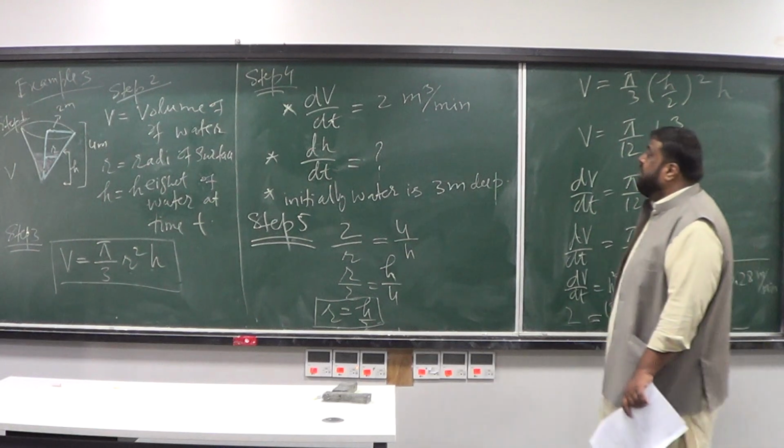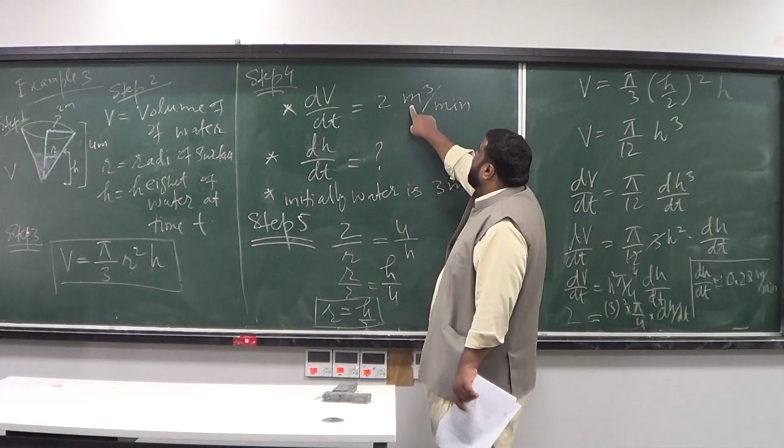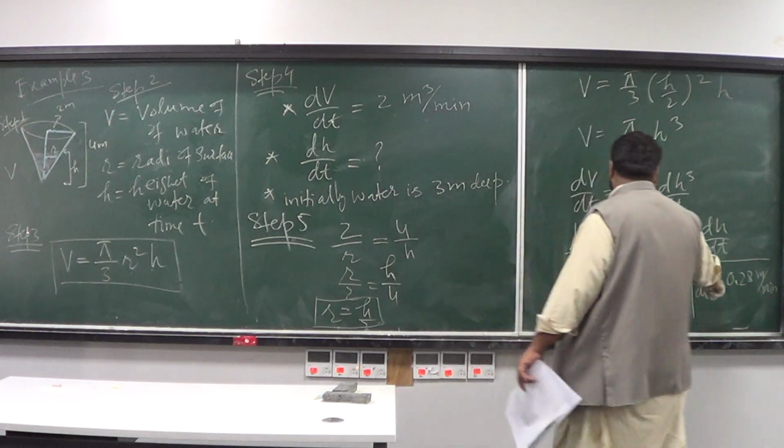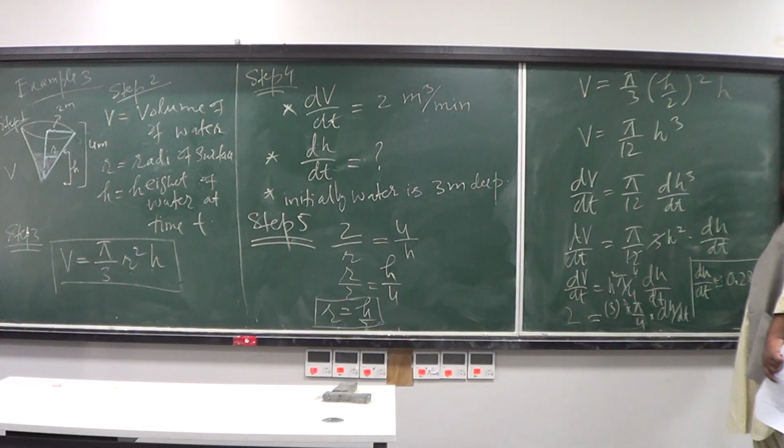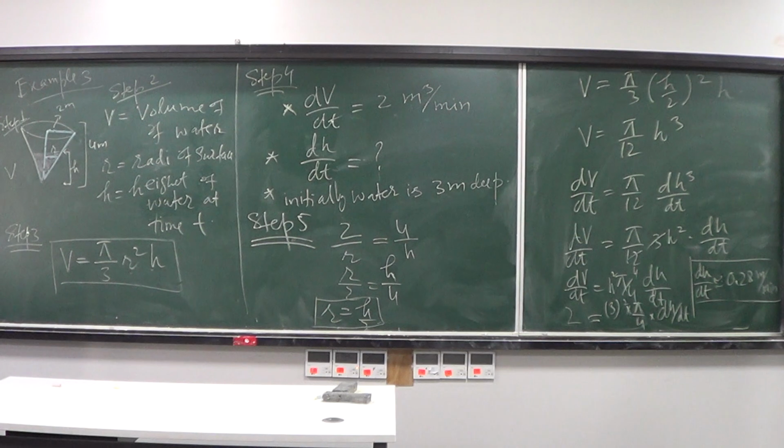So if the volume is increasing at 2 meter cubed per minute, then the height would increase at 0.28 meters per minute. This would be the rate. And since this quantity is positive, the height of the water is increasing in the cone.